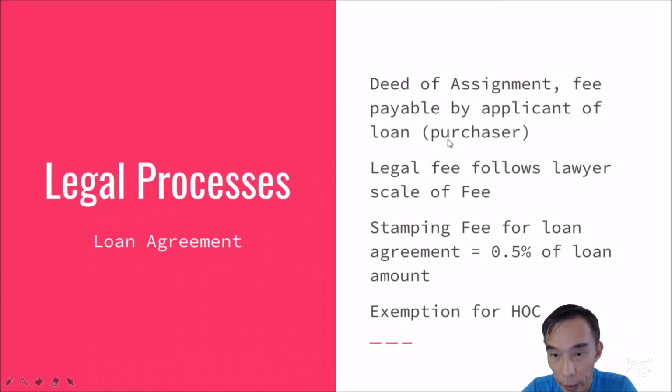This loan agreement with the bank has a legal fee to be paid. In some situations, the lawyer engaged by the developer, in order to waive some of these fees, the legal fee for the loan, the developer may absorb, some may not. So you have to make sure you get it correct. If the developer says there is a waiver of legal fee, maybe the waiver is for the sales and purchase agreement, not for the loan agreement.